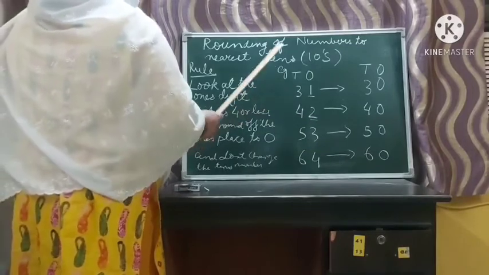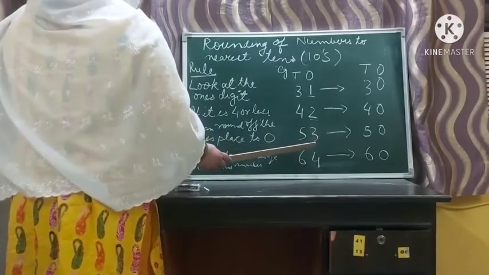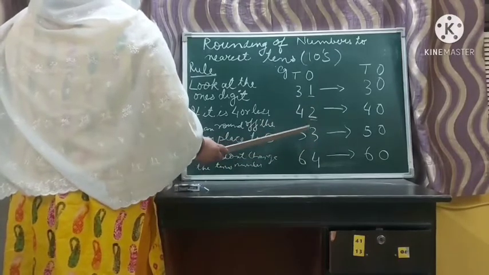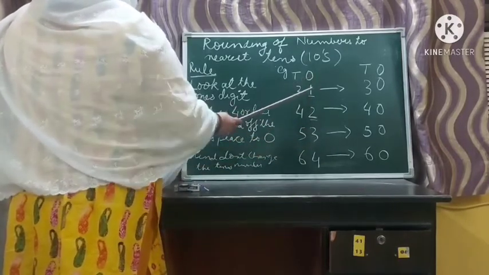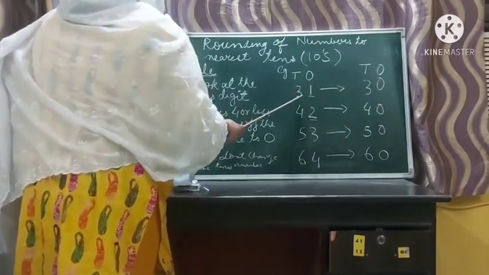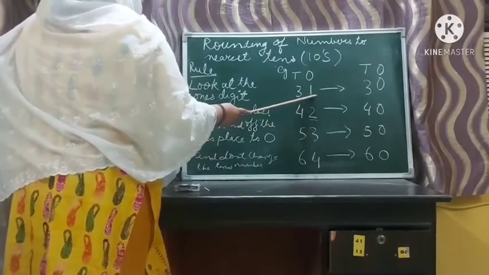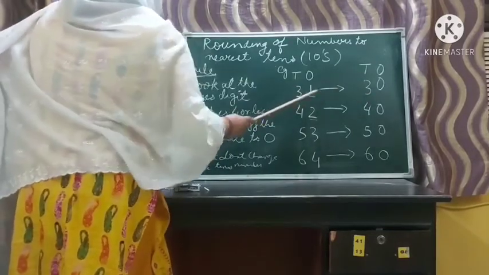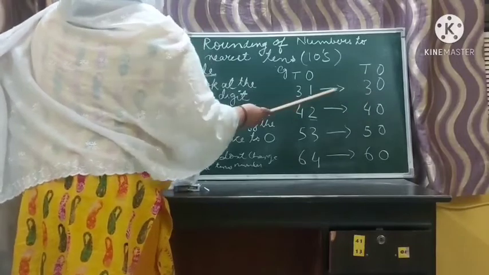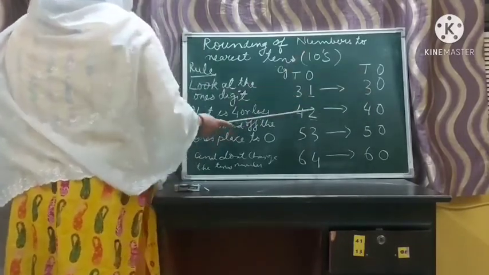If the digit at the ones place is 4 or less than 4, means the digit is either 1 or 2 or 3 or 4 at the ones place, then the ones place will be changed into 0 and the tens place will be copied as such. Like in 31 we have done: instead of 1 we wrote 0 and 3 will be copied as 3. So 31 when rounded off to the nearest 10 becomes 30.